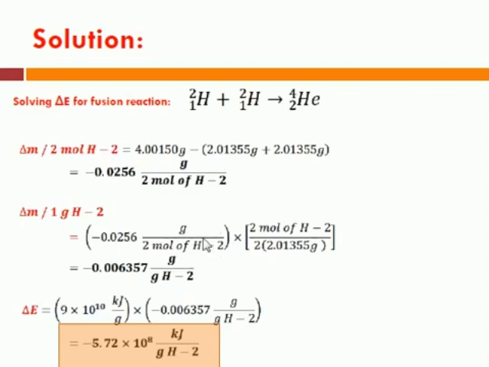So the delta M for 1 gram of H2 will be equal to negative 0.006357 grams per 1 gram of H2.